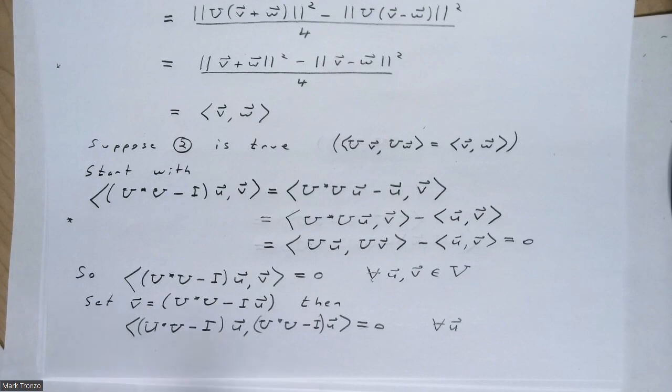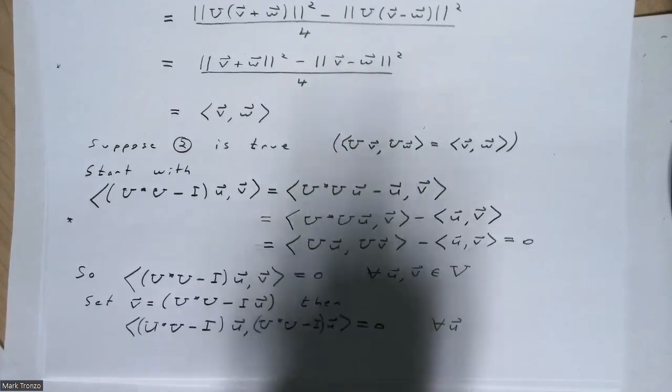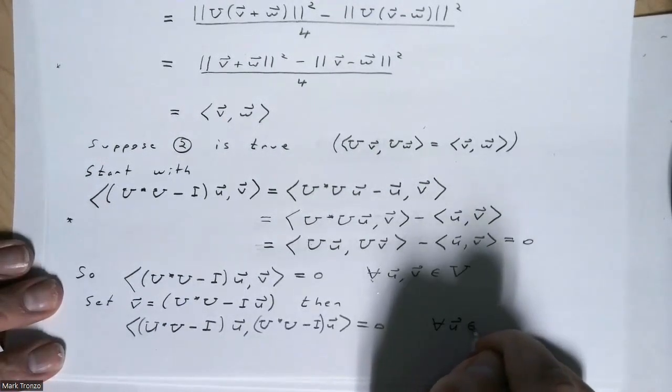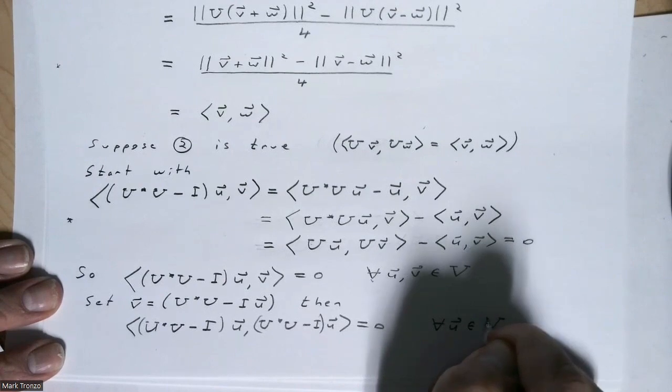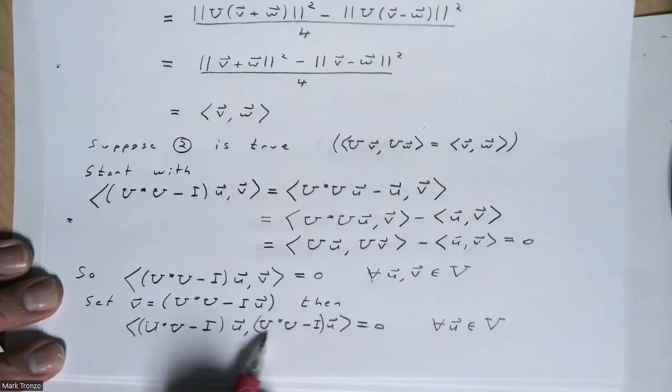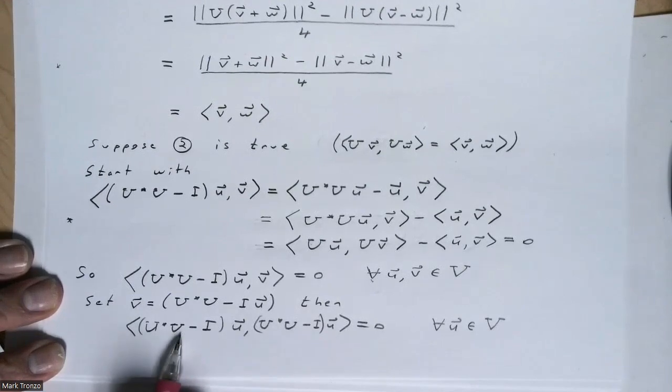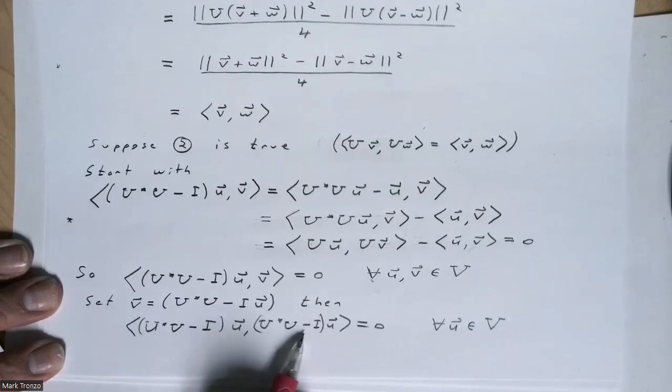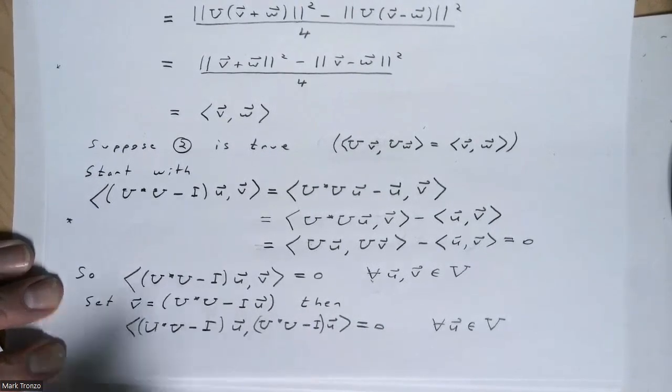Sorry for my voice, but in any case, by the rules of inner products, if this is true for all u, then this has to be 0. Again, this is u adjoint u minus I, u adjoint u minus I. That's 0. And then that means that has to be 0.